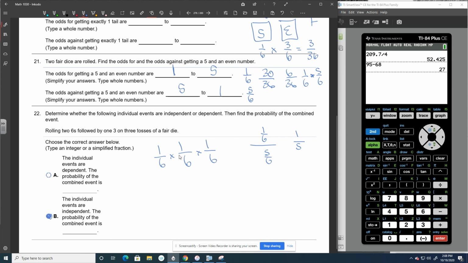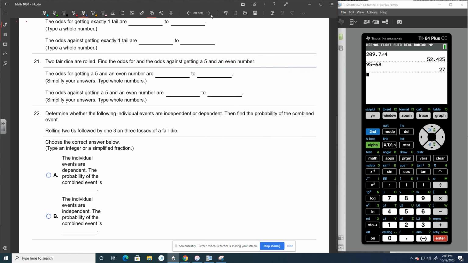So I just multiply those all together, which gives me 1 out of 216 chances, right? 6 times 6 times 6, 216. So here's your 6, here's your other 6, here's your 3. You just multiply them together.